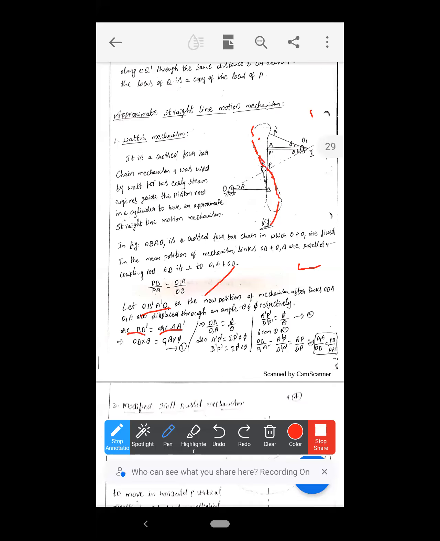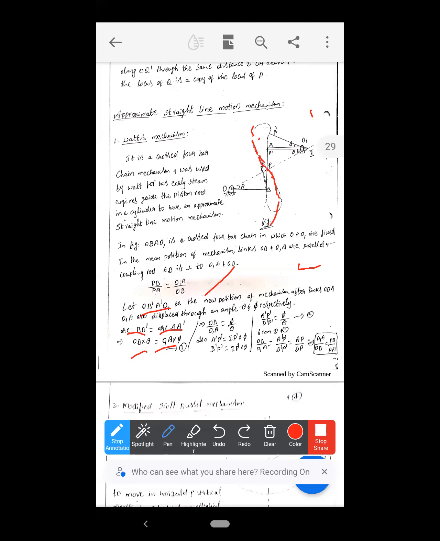How do we find arc BB dash? Simply take the radius into theta. So OB into theta equals arc AA dash, and AA dash is O1A into phi. This angle is theta, this is phi. Let us take this as equation number 1.